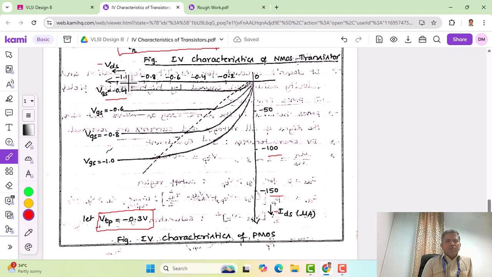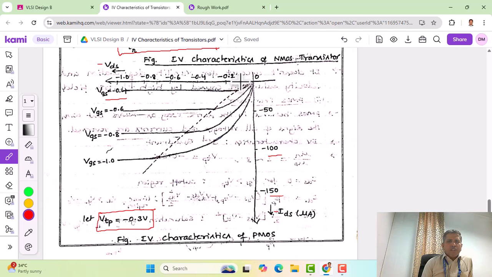Similar to the NMOS transistor, let us show the linear region in red color, followed by the saturation region in green color. For VGS equals minus 0.4, we should identify where exactly the saturation region commences. We already took threshold as minus 0.3, so minus 0.4 minus of minus 0.3 becomes minus 0.1.